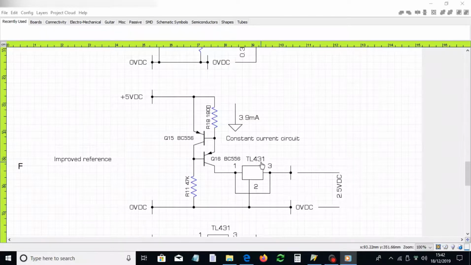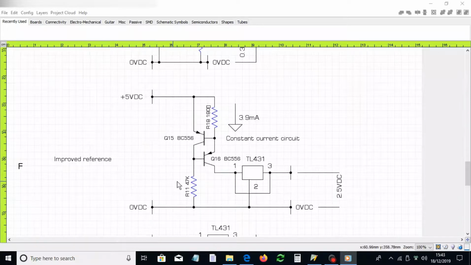The TL431 can go down to about 1 milliamp of current, so nearly 4 milliamps puts it in a fairly safe position. You can actually feed the TL431 up to 100 milliamps, but that would produce quite a bit of heat within that chip. So having 3.9 milliamps feeding into it all the time, irrespective of the compliance voltage, is a very good thing.